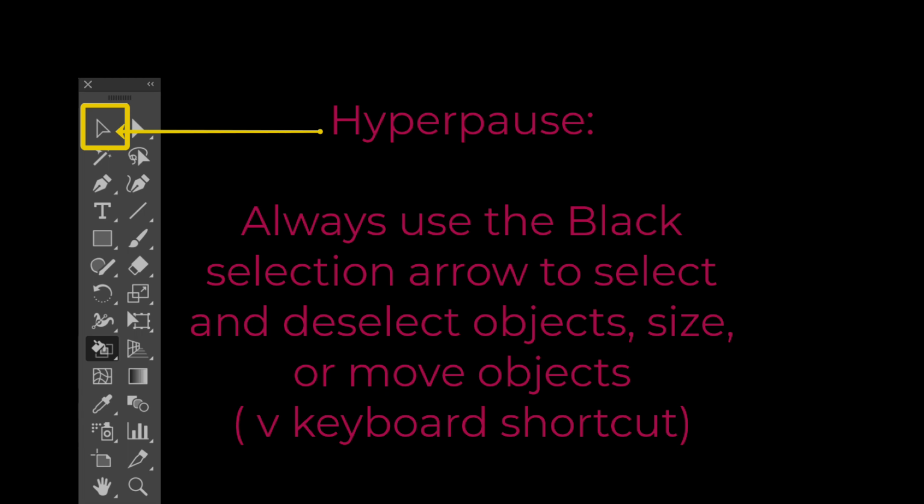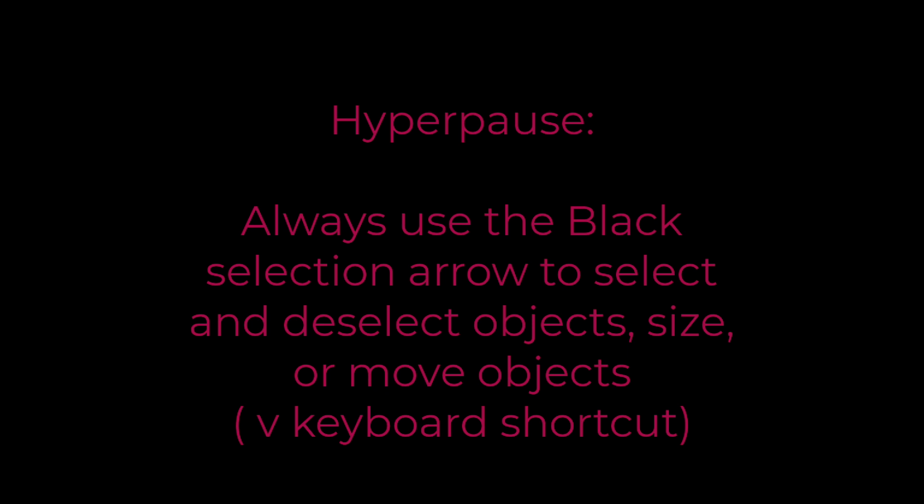You can deselect an object with the black arrow by picking off of a selected area into an empty area or clear area. You can move an object by picking on the object with your black arrow and dragging it. So please remember to use the black arrow to resize, move, or deselect an area.